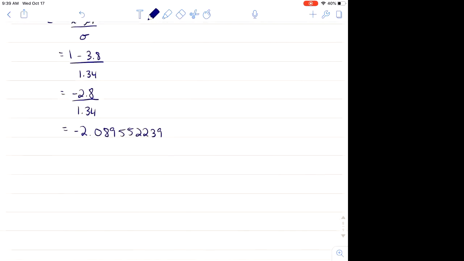Just giving you all the decimal places, right? But we only need 3 decimal places. So Z is negative 2.08. Oh, I should have rounded. No harm, no foul. I'll just do, need at least 3 decimal places. Nothing that says we can't have more.